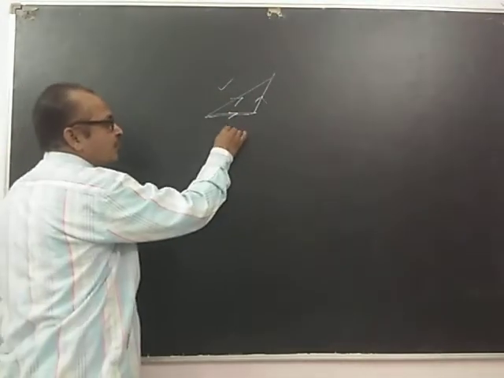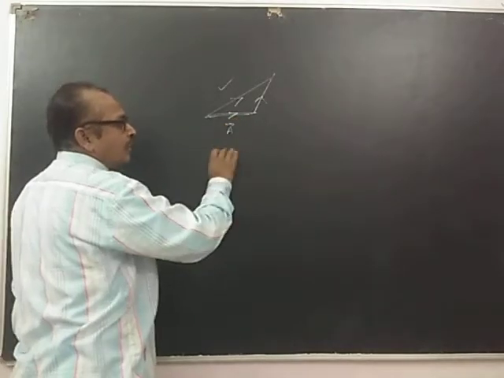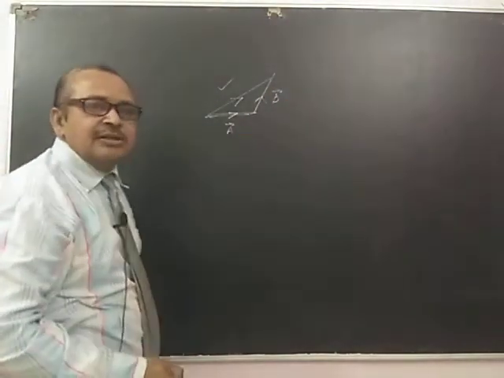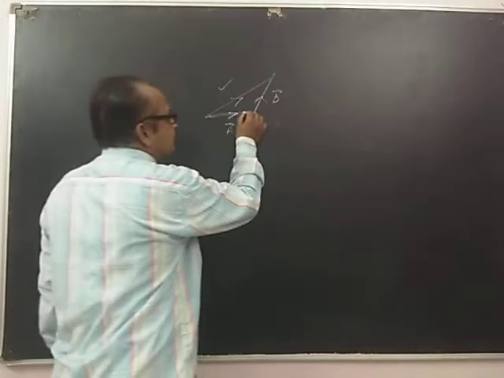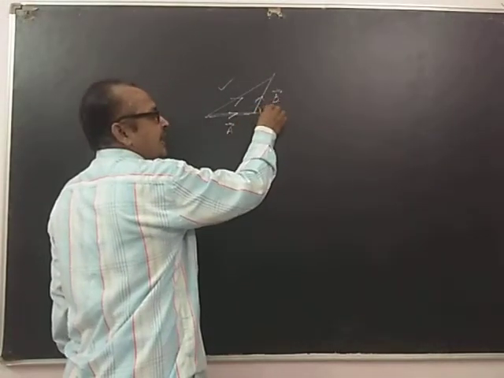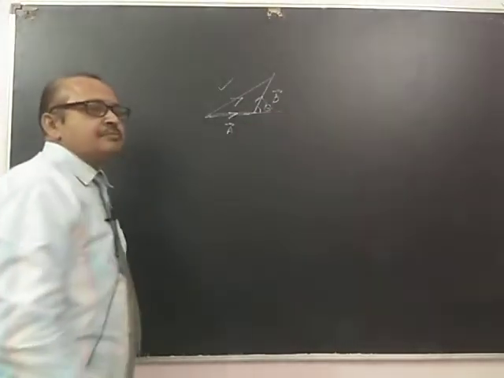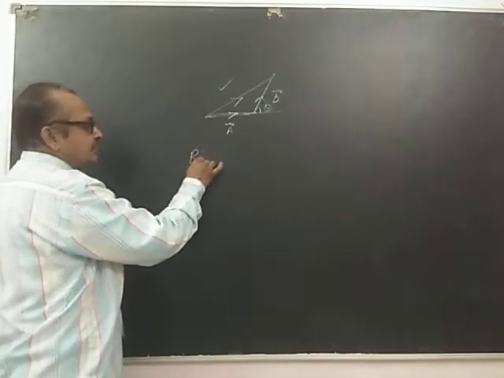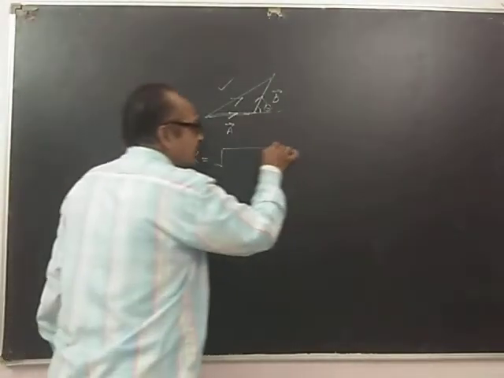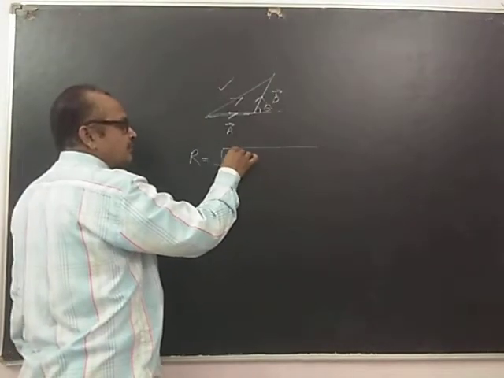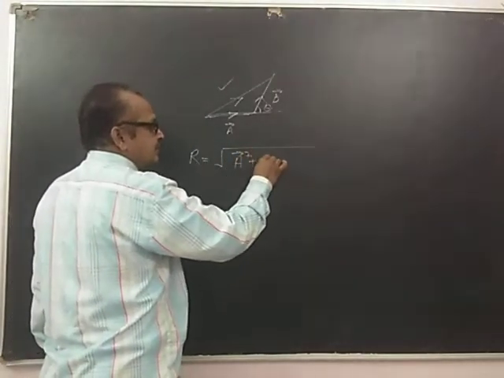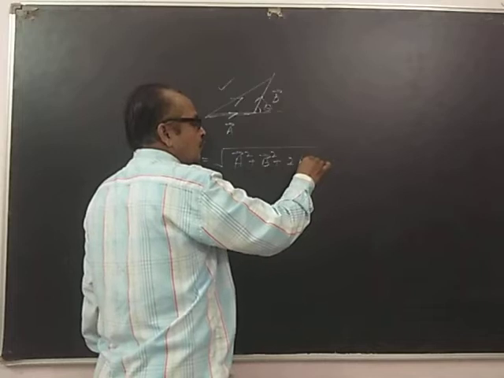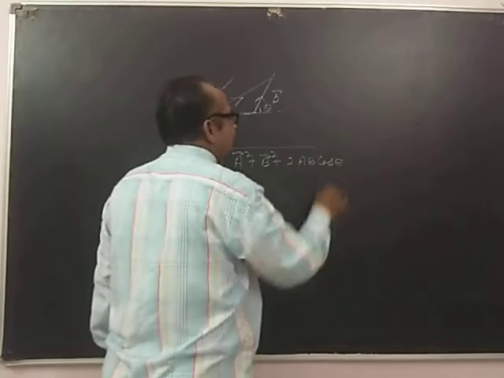That means if suppose this is my vector A along the x-axis and this is my vector B along the y-axis, and these two vectors make an angle of theta with the positive direction of the x-axis, then we have seen that the resultant was given by the square root of A squared plus B squared plus 2AB cos theta.